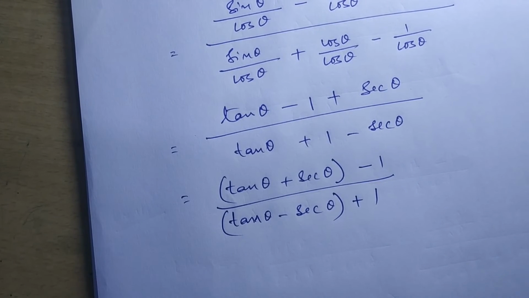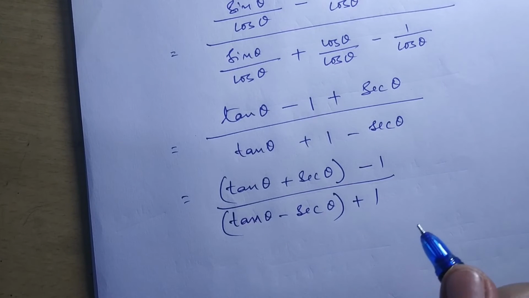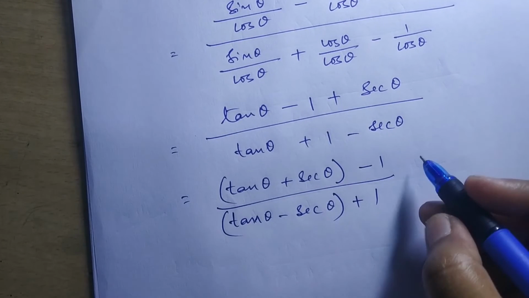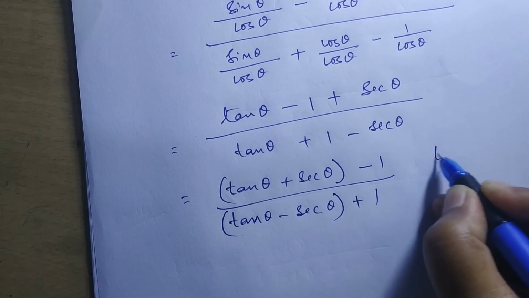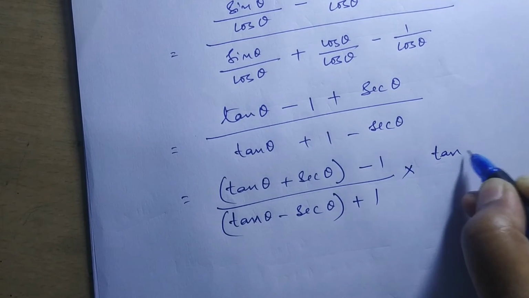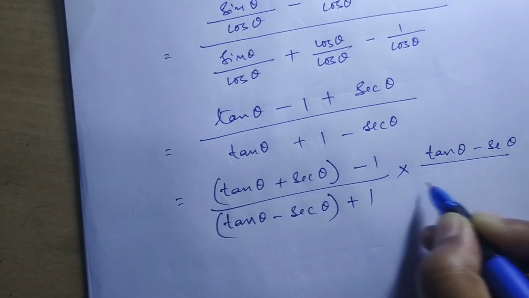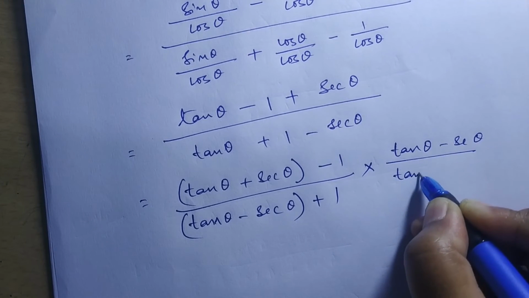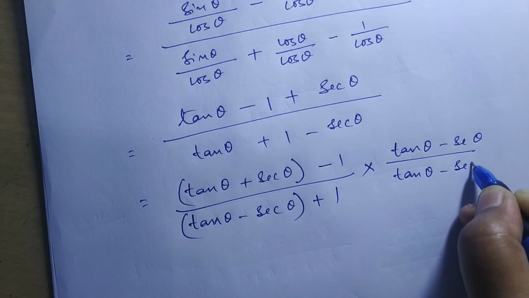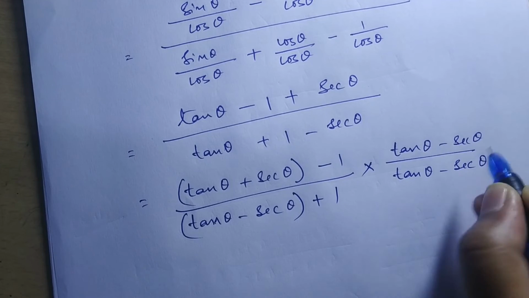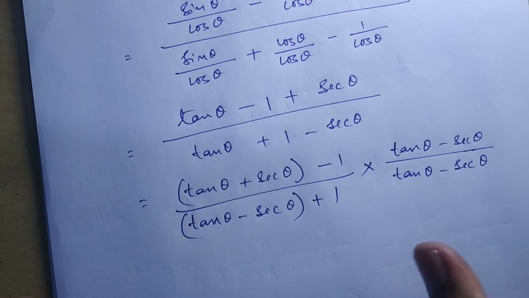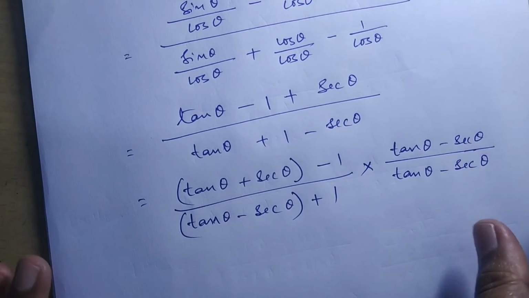Okay, now some manipulation. What I will do is multiply tan theta minus sec theta to the numerator as well as the denominator. Let us find out what we get.